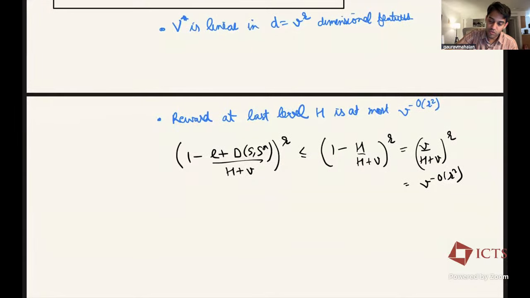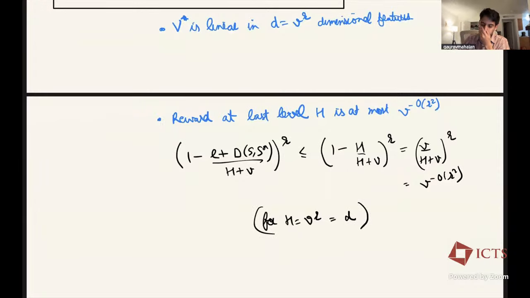Because we can choose H to be also V to the R. This is exactly what D is, right? Just because your H can now be the same order as the dimension, you actually get R squared small error.